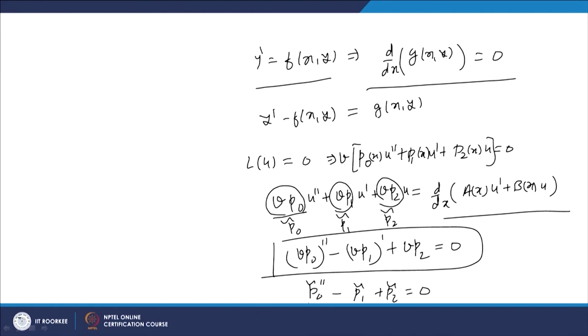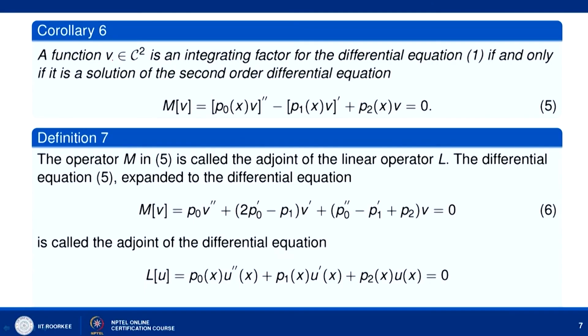Now I am just writing the values of p naught tilde, p1 tilde and p2 tilde, and we have this relation. So it means that a function v belonging to C2 is an integrating factor for the differential equation 1 if and only if it is a solution of the second order differential equation p0 x v double dash minus p1 x v dash plus p2 x v equal to 0.